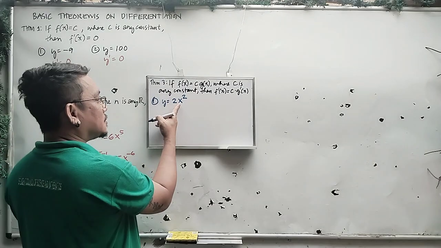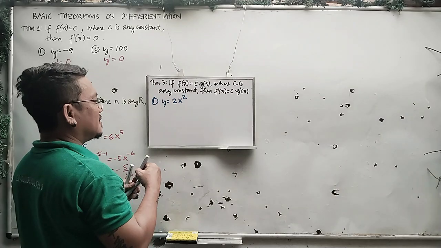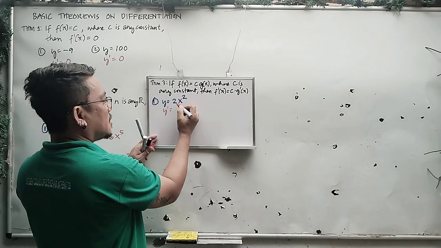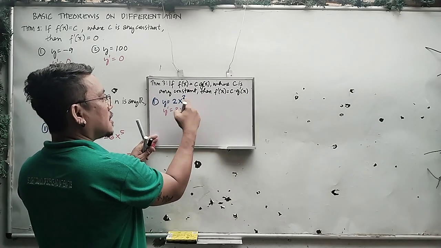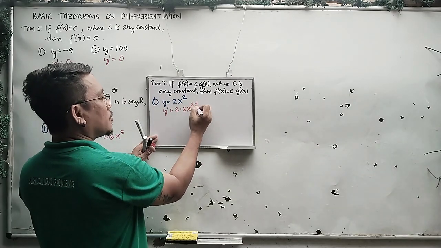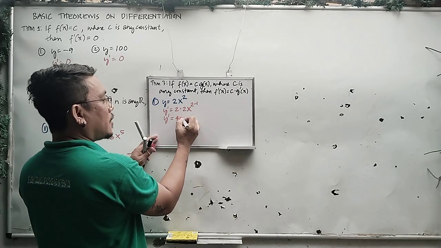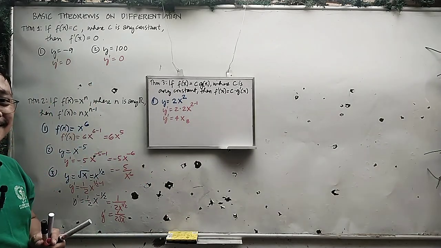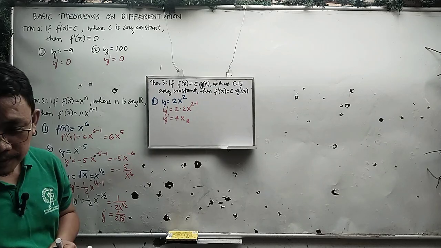So its derivative is given by, you just copy, y prime, copy 2 times the power of x, you have 2x to the power of 2 minus 1. And that is y prime is equal to 2 times 2, 4x. So that is the answer. Right? Simple as that. Then, another example.